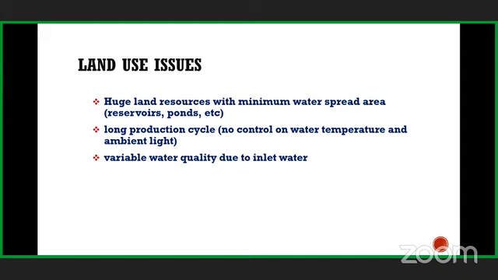Land is getting limited day by day. As per the report of the Government of India, we have less than 1 hectare of land per person, and it will decrease further. So we have a scarcity of land, and we have to do intensified activity which can give the highest production on minimum land.